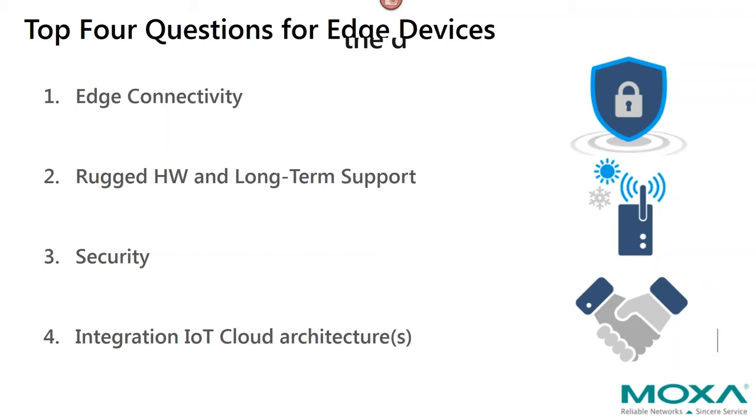The second is, where can we find rugged and supported hardware for harsh deployments? And then, of course, everyone wants to and should address security. And then finally, customers are asking, what are the architectures to best integrate with the cloud? Let's briefly discuss each one of these, and then after the webinar, we can share more additional detail and follow up as interested.